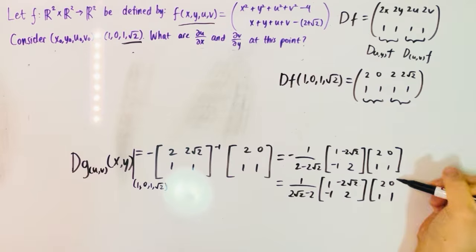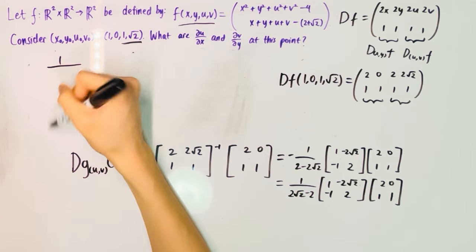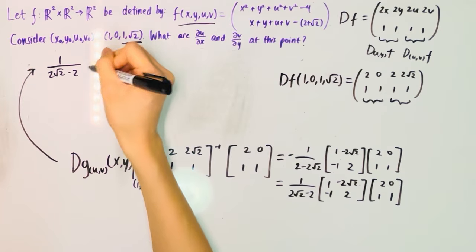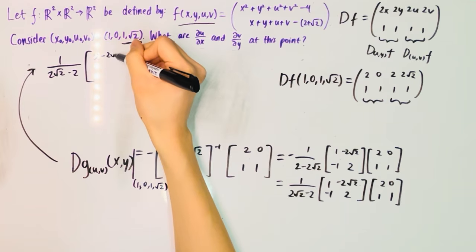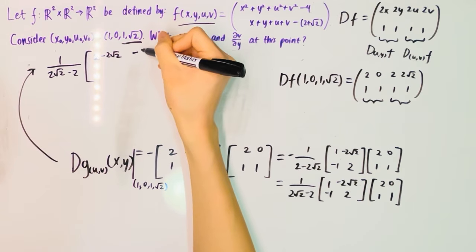So this is going to be equal to 1 over 2 square root 2 minus 2, times 2 minus 2 square root 2, negative 2 square root 2, 0 and 2.